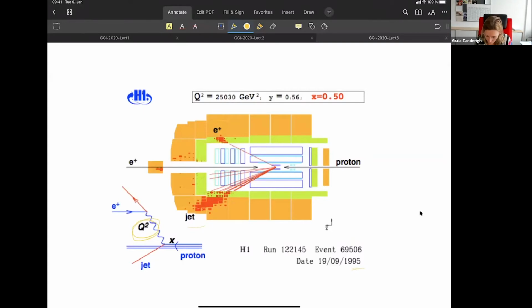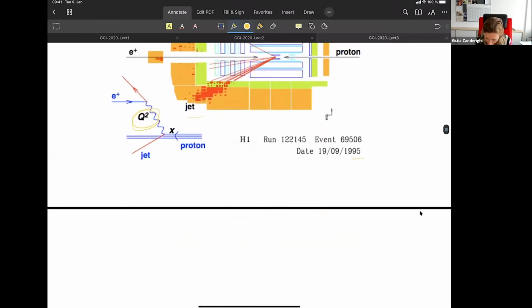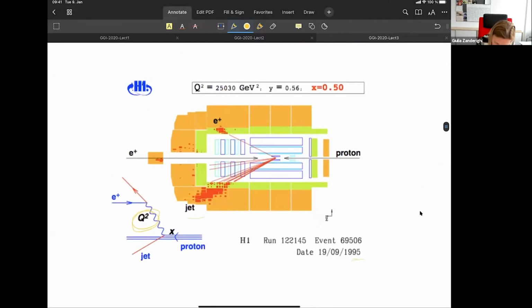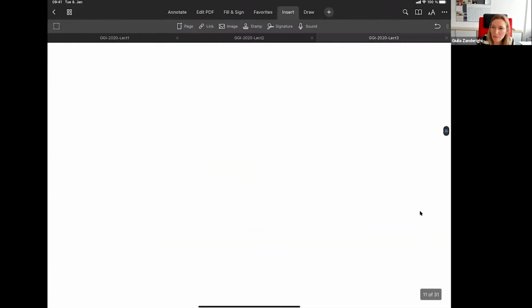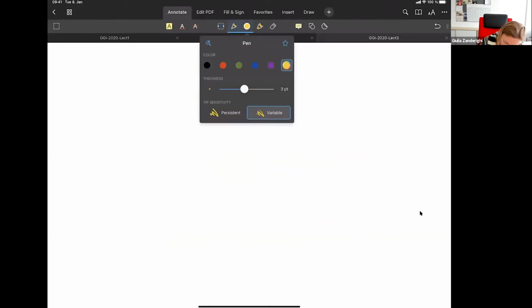So now I want to write a little bit of kinematics here, and then explain, a little bit trivially, how you can extract information from data from DIS. So let me write some kinematic properties. So kinematics.